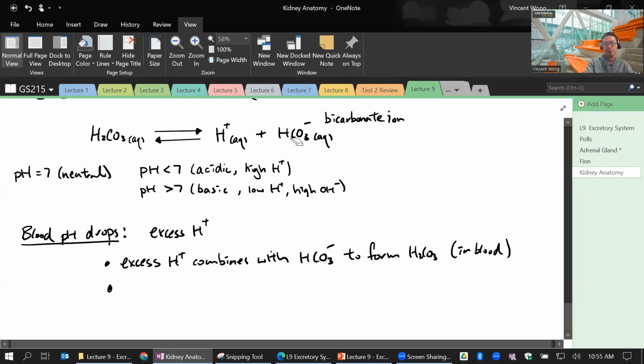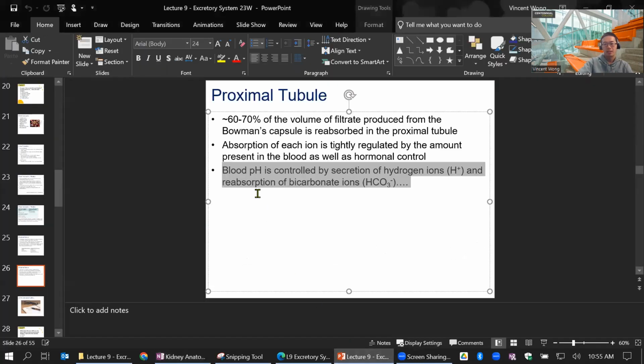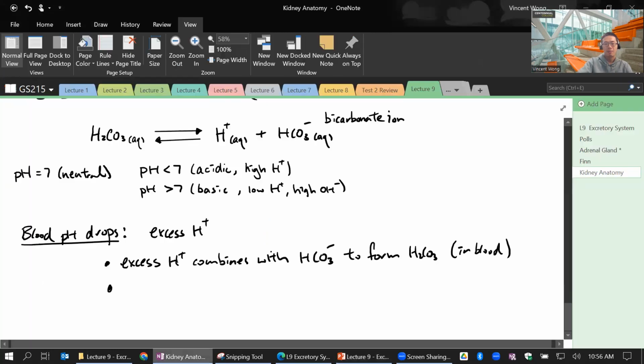But what if we don't have enough HCO3-? What are we gonna do with all the excess H+? In the PowerPoint here, it says blood pH is controlled by secretion of hydrogen ions and reabsorption of bicarbonate ion. So that's exactly what happens at the kidney.